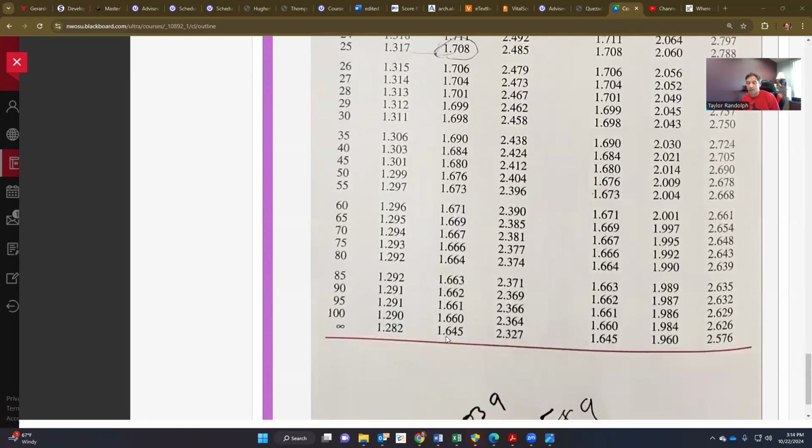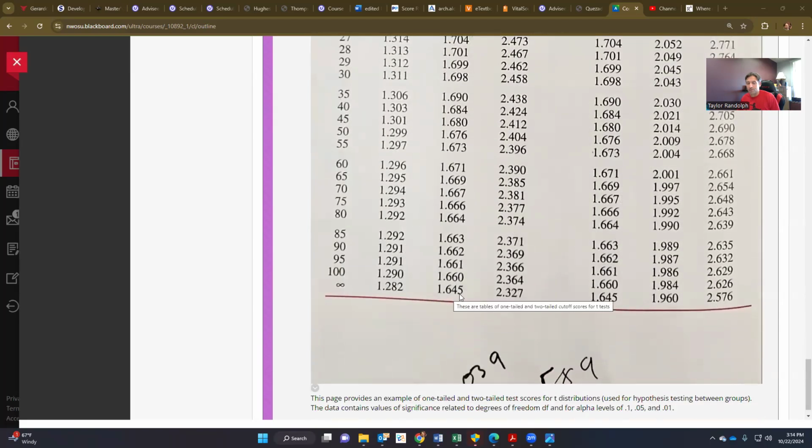Do you remember the 1.64 number from a population? That was a one-tailed test. That was the significance. At 1.64, 95% of the population is below and 5% of the population is above. Again, I'll show you that once more.